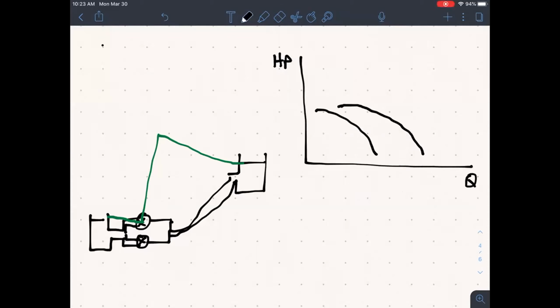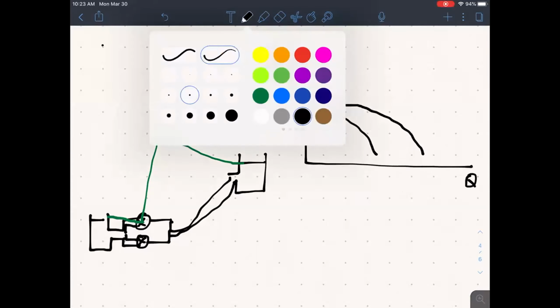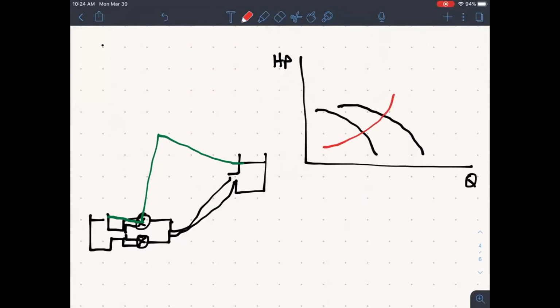But now let's put our operating curve over that, our system curve. And in this case, our head increases a little bit, but our discharge decreases much more.